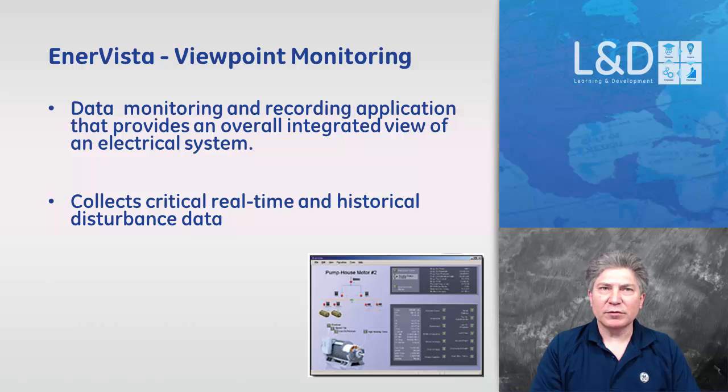So with minimum device communication configuration, it collects critical real-time and historical disturbance data to assist with analyzing past or impending power system events of GE and non-GE devices. So we not only collect real-time data, we also collect waveforms and sequence of event recorder data.